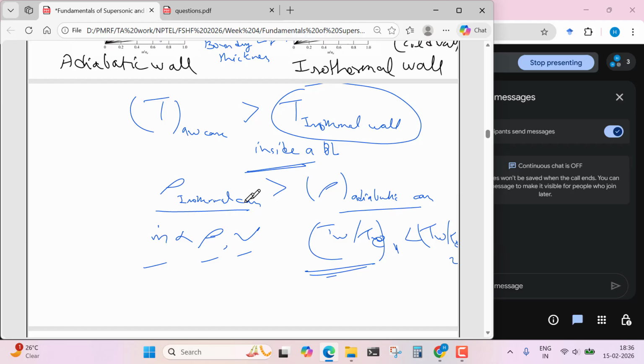So for the same mass flow rate, if density is less, then there should be more volume. It means that boundary layer thickness should be high. So for the adiabatic wall case, boundary layer thickness is high.